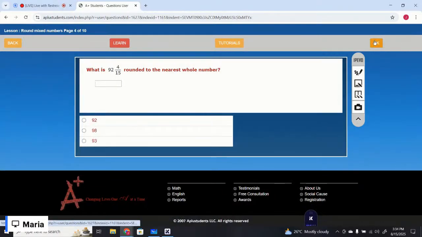What is 92 whole 4 by 15 rounded to the nearest whole number? 4 by 15 is less than half. So it would be rounded to the same whole number, 92. Option number 1 is the correct option.